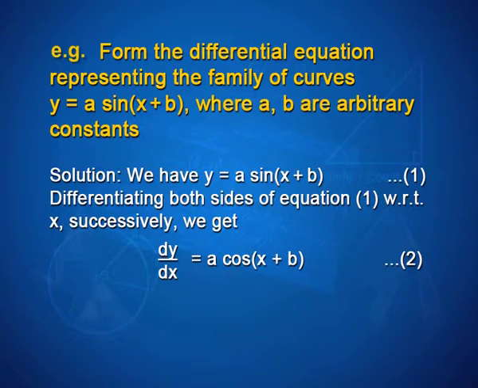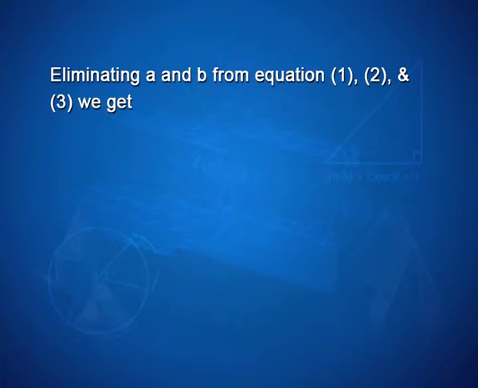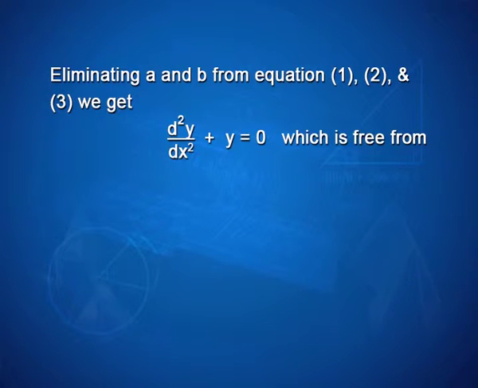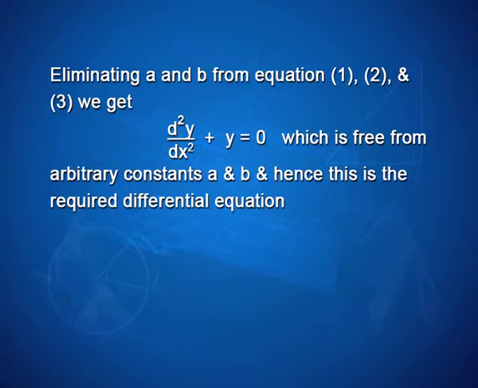This is equation 2. Now, again differentiating, we get d²y/dx² = -a sin(x + b). This is equation number 3. Now, eliminating a and b from equations 1, 2 and 3, we get d²y/dx² + y = 0, which is free from arbitrary constants a and b, and hence this is the required differential equation.